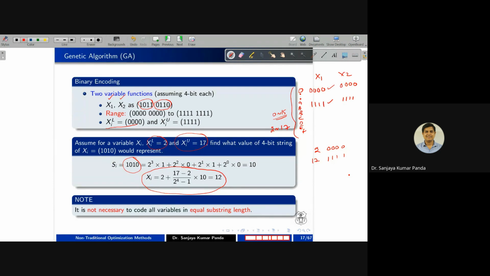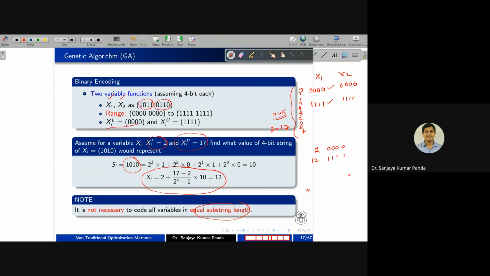It is not necessary to code all variables with equal string length either. Like we have seen different kinds of coding, if you remember, there is a tree-like coding. The variable which is frequently used can be given a small code.